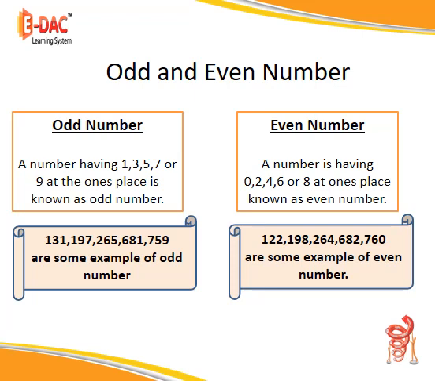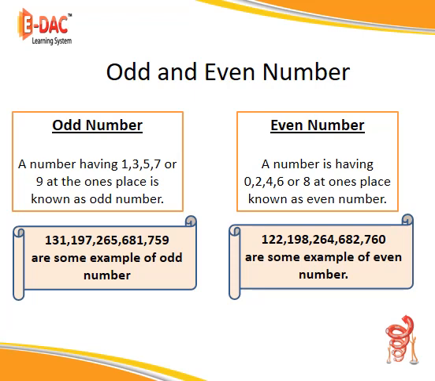These are examples of odd numbers because you can see in the ones place of these numbers there are the digits 1, 7, 5, 1 and 9.